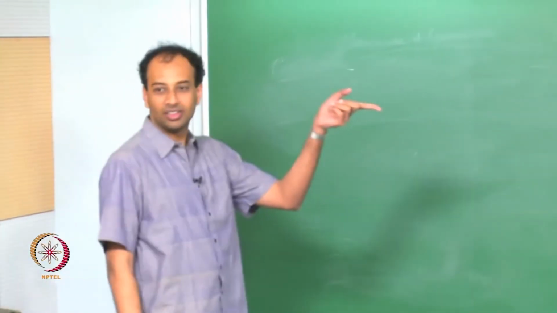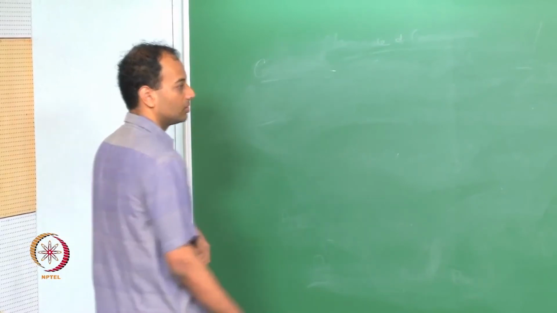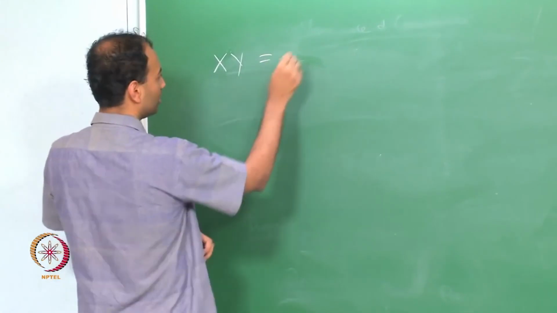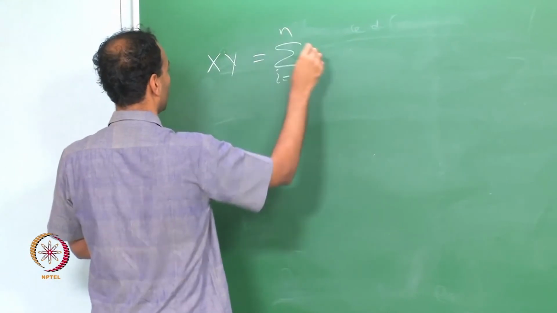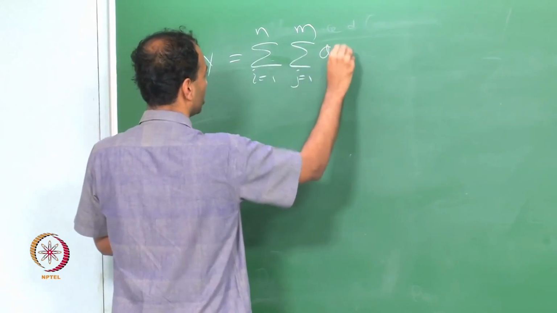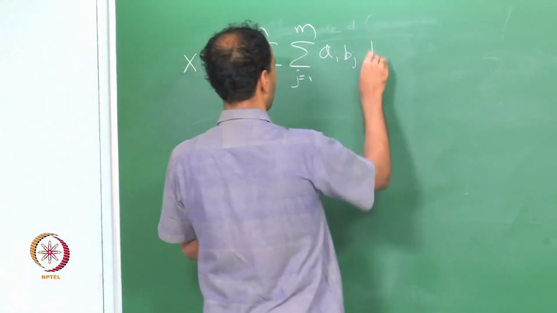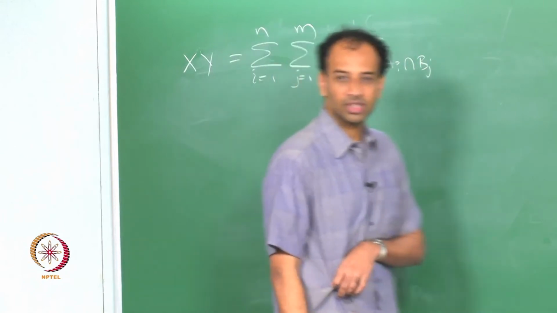In this case, can you prove it? So xy will also be simple, right, it will be the sum over i equals 1 through n, j equals 1 through m, a_i b_j, indicator of A_i intersection B_j, correct. Suppose these are in canonical representations, for the sake of fixing ideas.